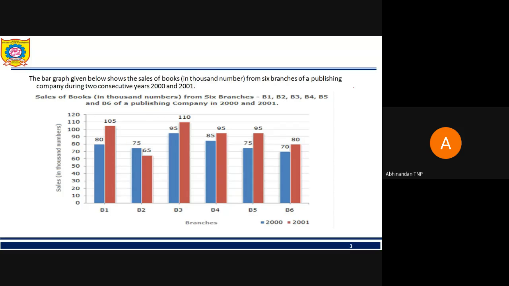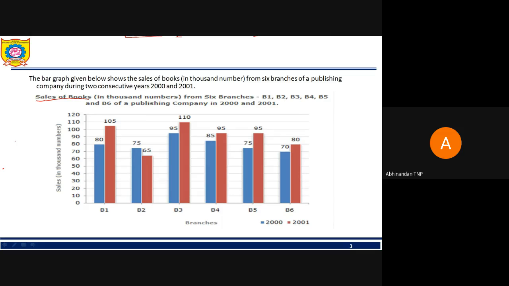It is given that the sales of the book are given to you from the 6 branches B1, B2, B3, B4, B5 and B6. These are the 6 branches, and in these 6 branches, the sale of the book is given in thousands. So B1 branch in 2000, 80,000 is the sale.